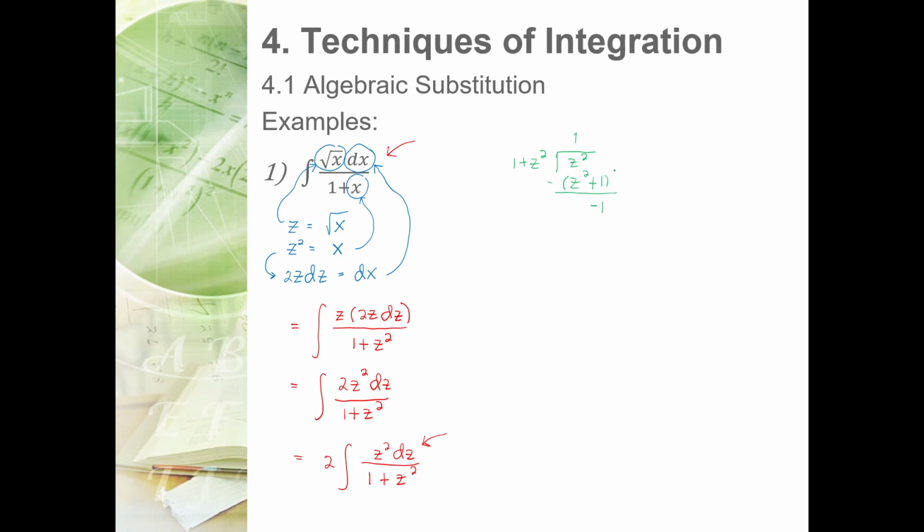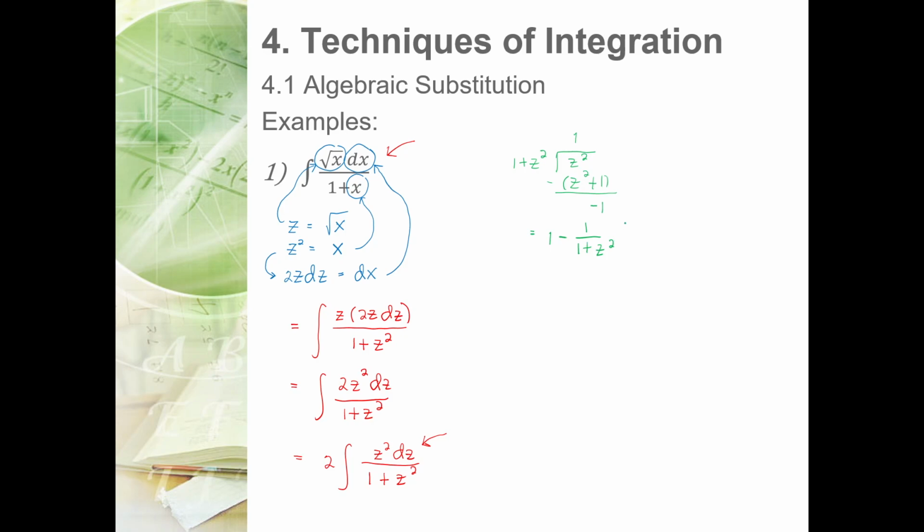The remainder is negative 1. If you write the answer of your division process, that's the quotient plus the remainder over divisor, so minus 1 all over 1 plus z squared.